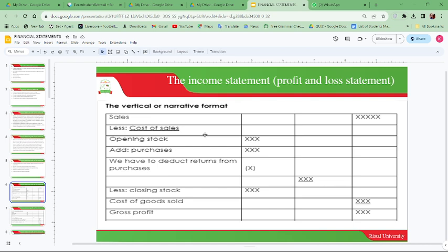So for example, we have the opening stock, the stock that you had at the beginning of the month, the stock that you started with. Then we add the purchases, the new stock that you bought during the month. You add them to the opening stock to come up with the net purchase.